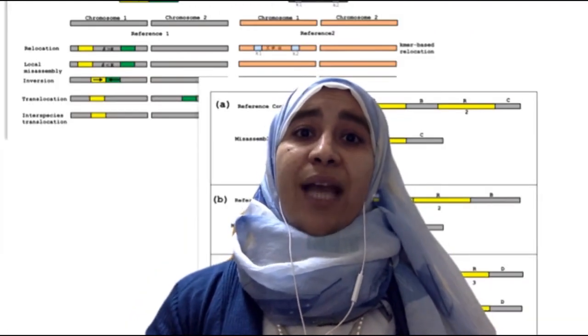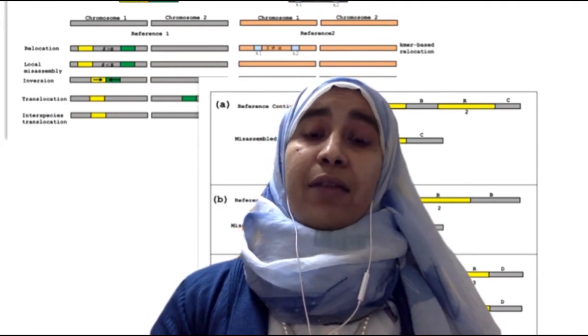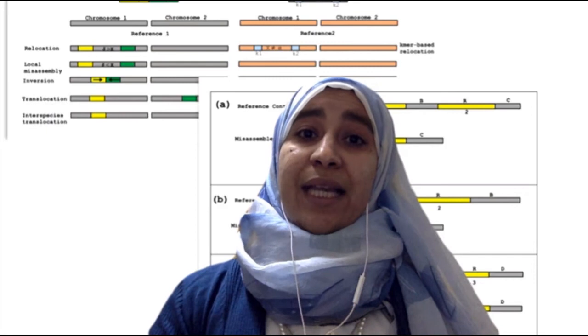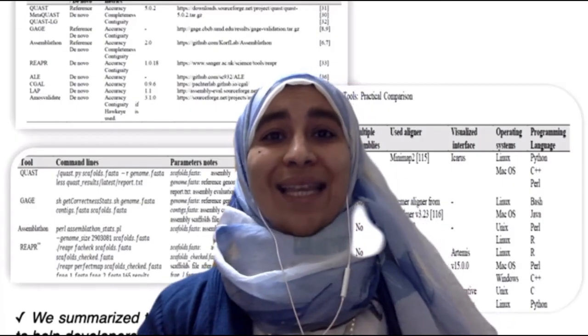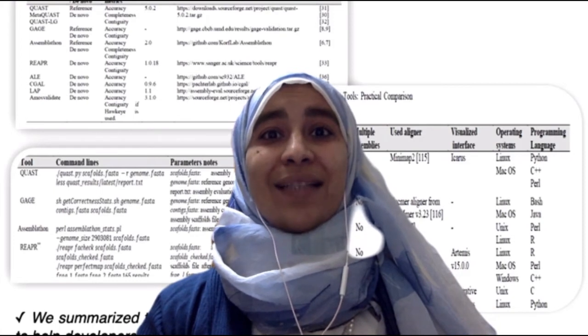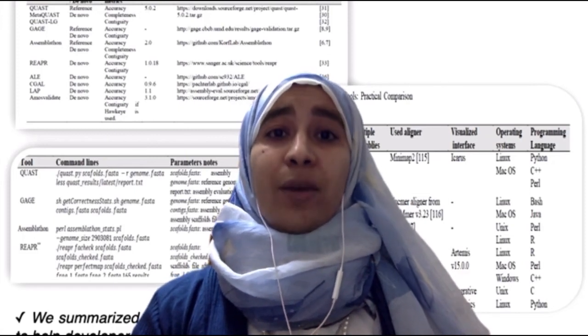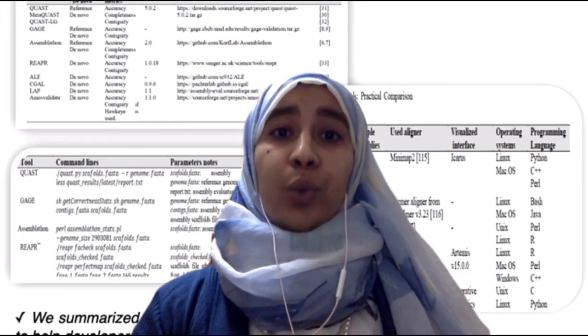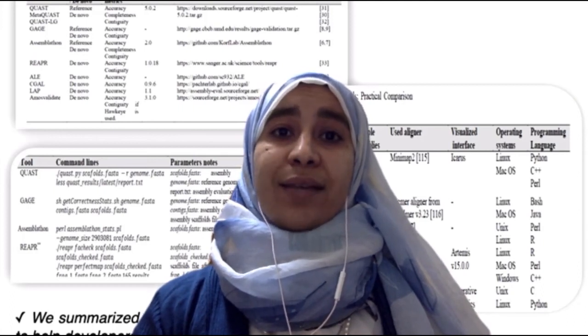Further, we highlighted different challenges that currently face the field of genome assembly and assembly evaluation tools. We summarized technical and practical details for different assembly evaluation tools in order to help developers and researchers choose the best tool according to their working scenarios.